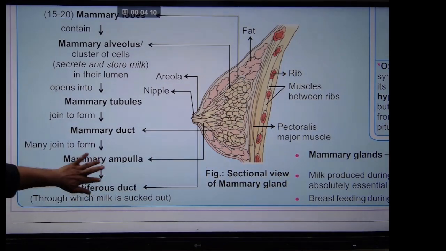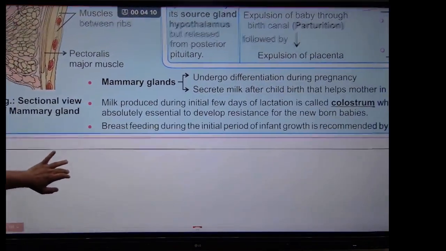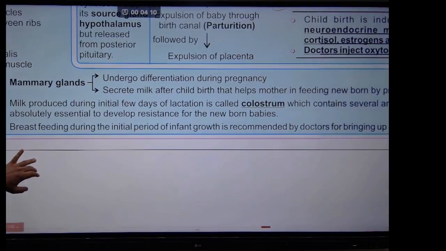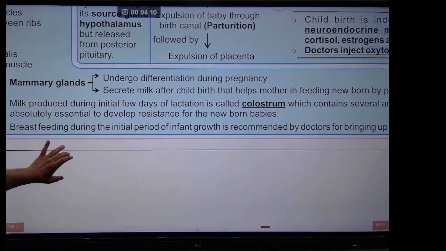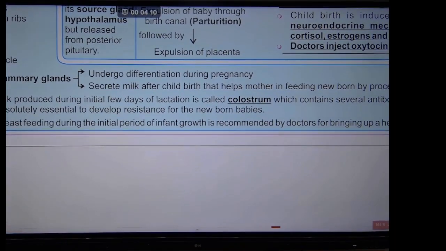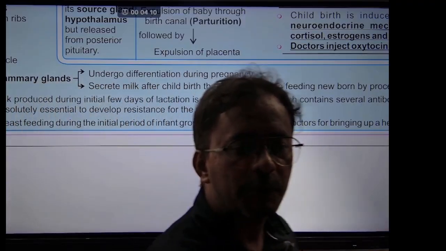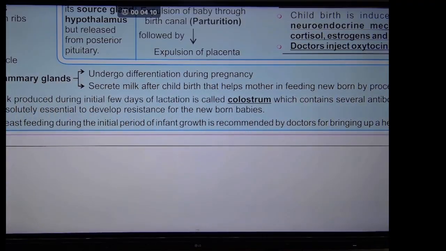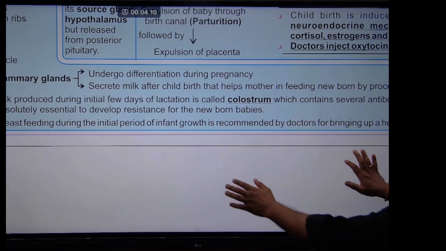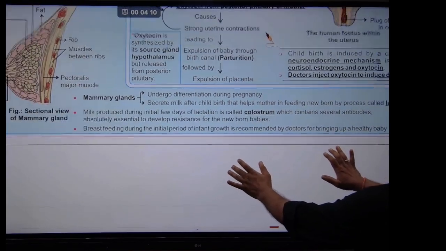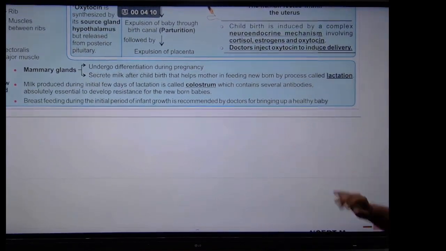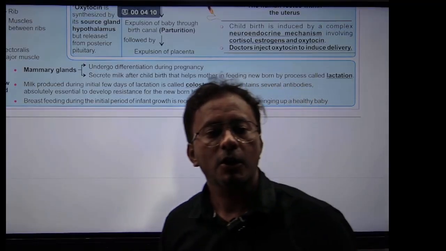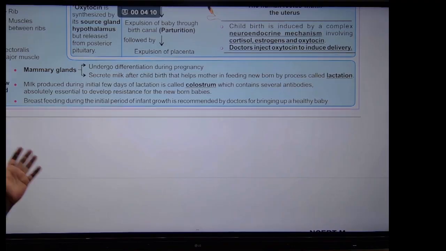Clear? So, mammary glands undergo differentiation during pregnancy, and they start producing milk after the childbirth, which helps the mother to feed the newborn by a process called lactation. Correct? And the milk which is produced during the initial few days of lactation is called colostrum, which contains several antibodies.